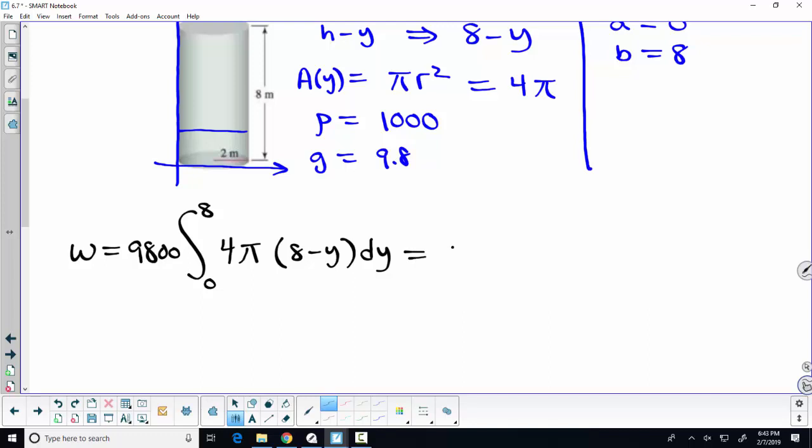So I don't know what that is. 4 pi times 9,800. It's a pretty straightforward function to integrate. So you can bring 4 pi out? Yeah, 4 pi constant. We'll just integrate the 8 and the negative y.